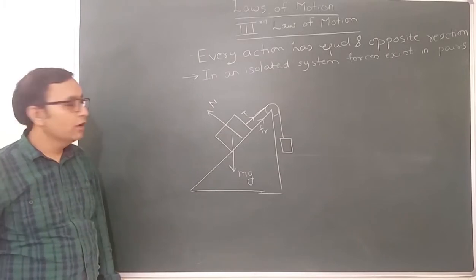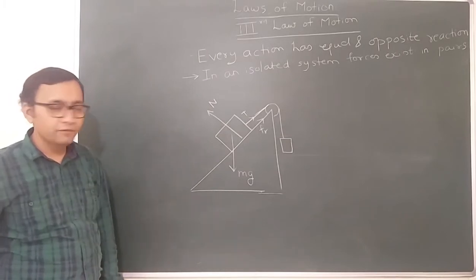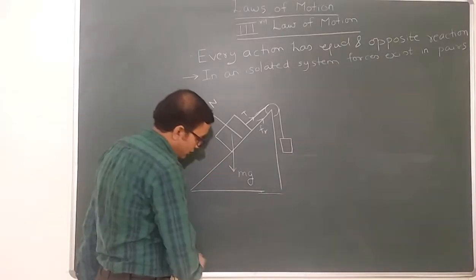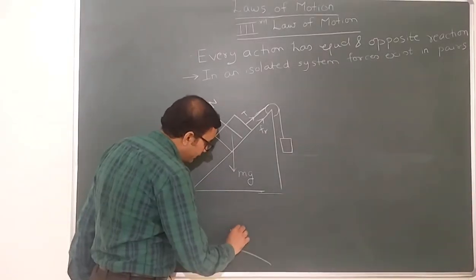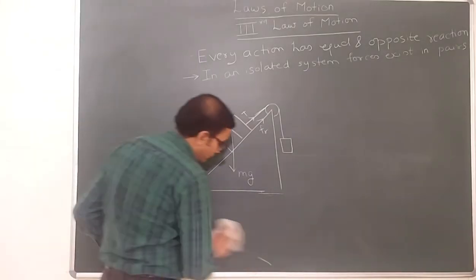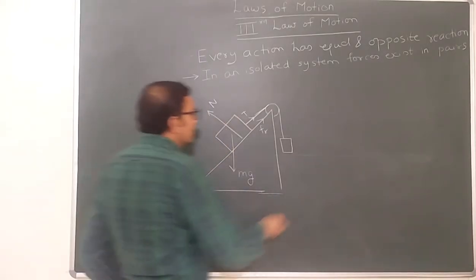Let me try to find out where the pairs of these four forces are. The pair of mg is what? Again on earth, because earth is applying the mg force, so I don't need to draw that. What else?